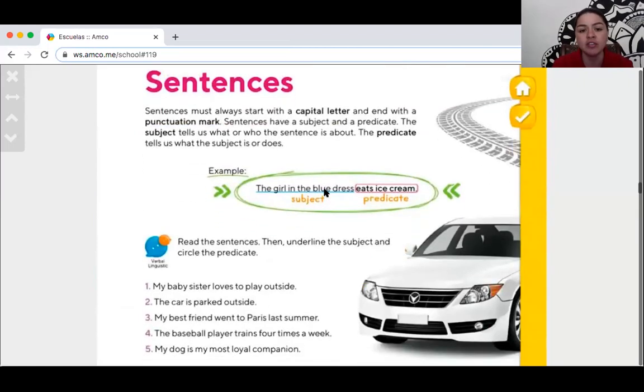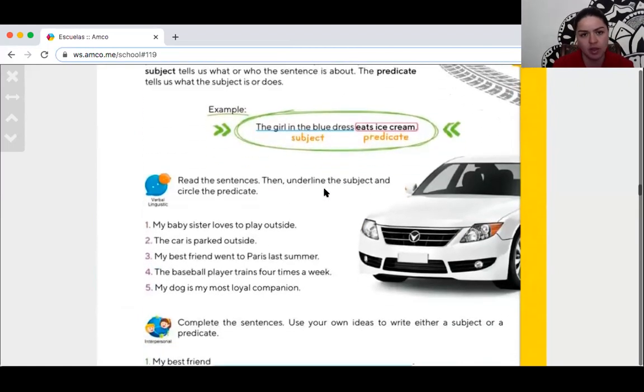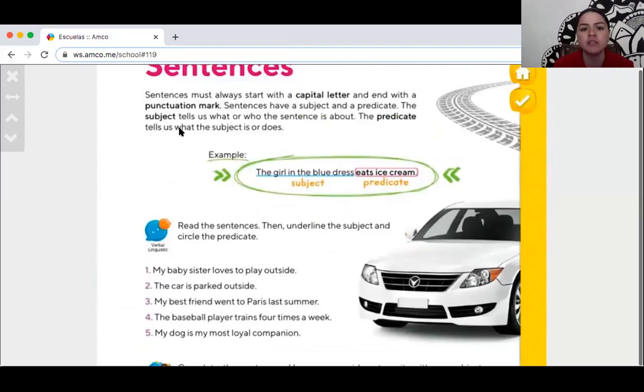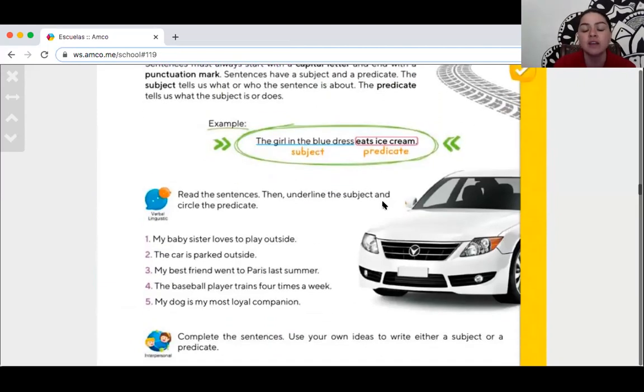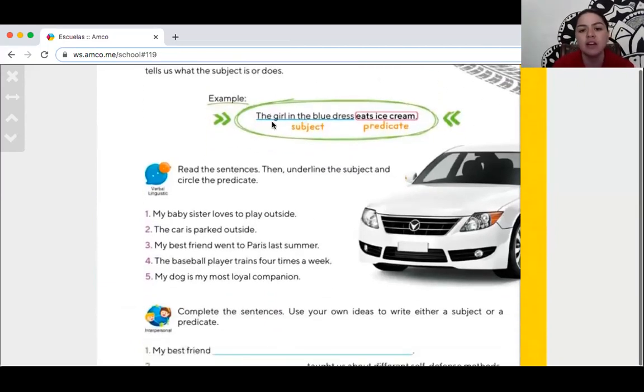As I already told you, these are the rules that I already gave you: the capital letter, punctuation mark, subject, and predicate. Now, the example in the book is, the girl in the blue dress eats ice cream. Just like me, okay. Who is this sentence about? The girl in the blue dress. And what is she doing?